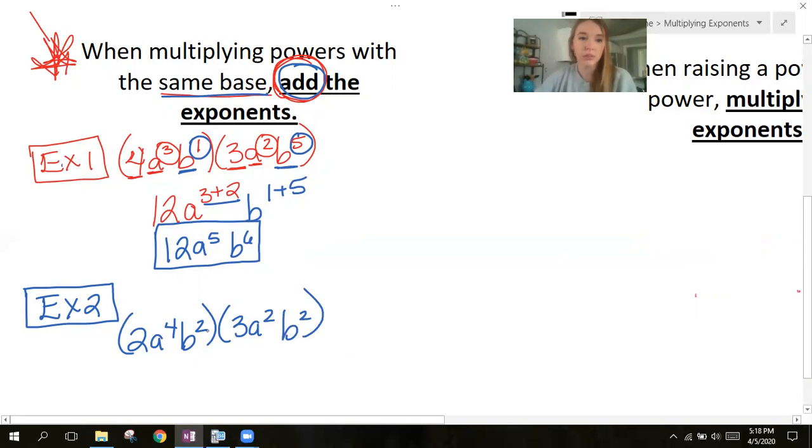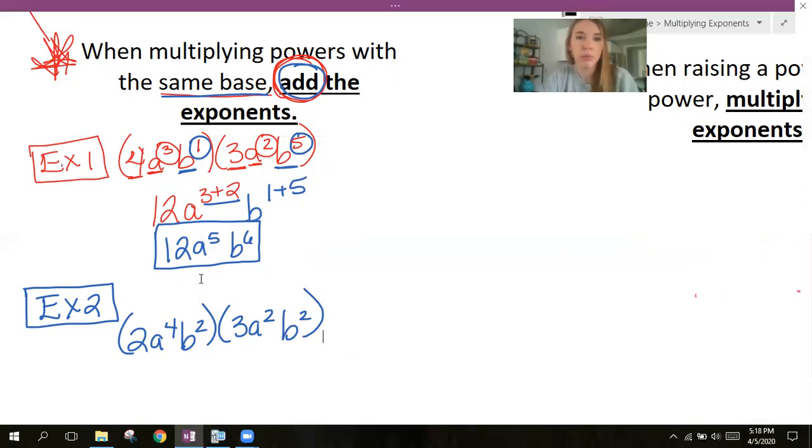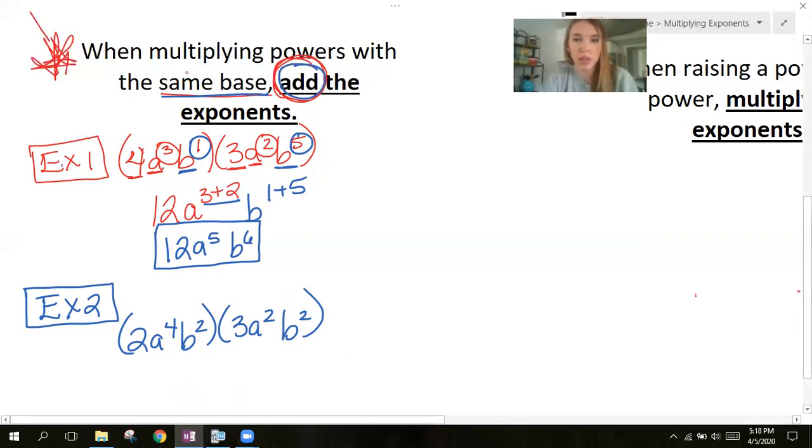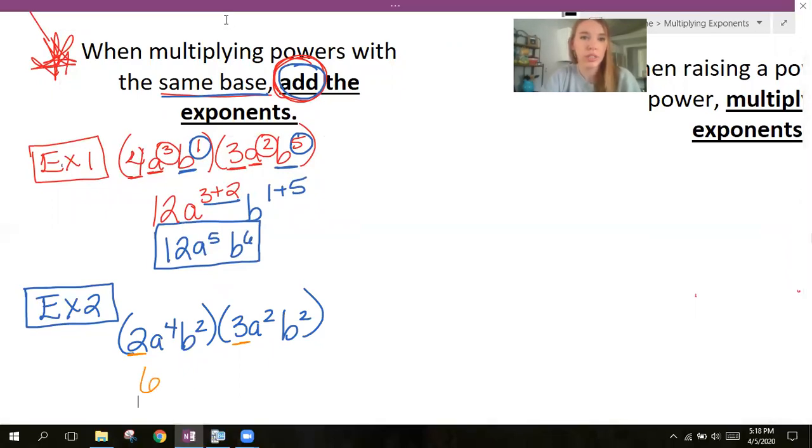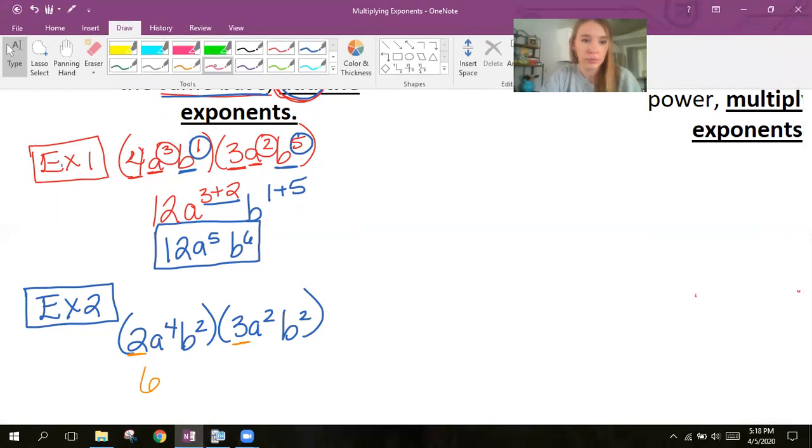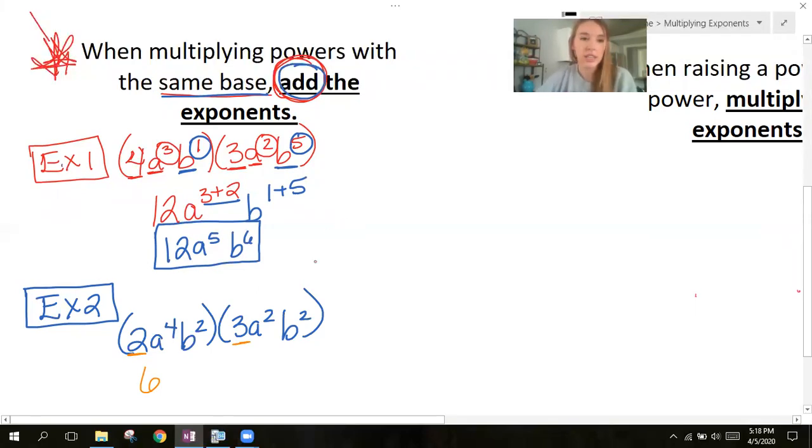Just like we did on the last problem, we are going to multiply our like terms. My first terms are 2 times 3. 2 times 3 we know is 6. I'll change colors real quick. Next I have the same base, a and a.